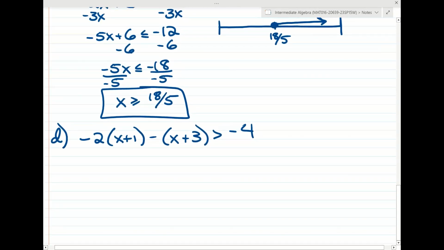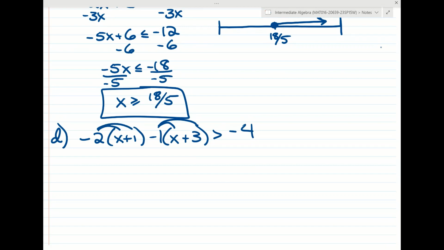There's no number in front of a parentheses. You could always just put a 1 there and then distribute that. This problem we have to distribute a couple of times.